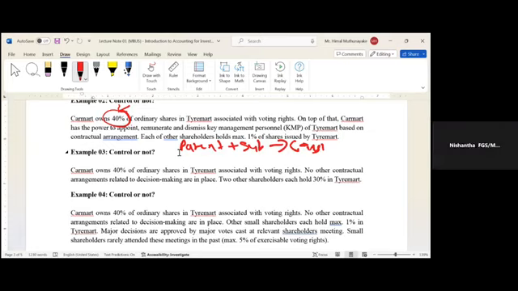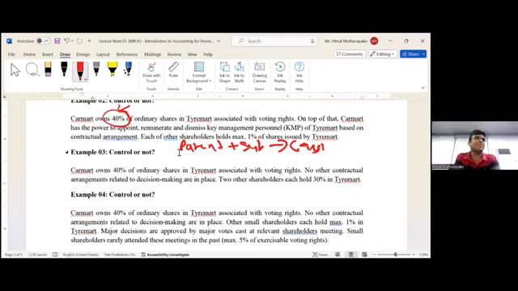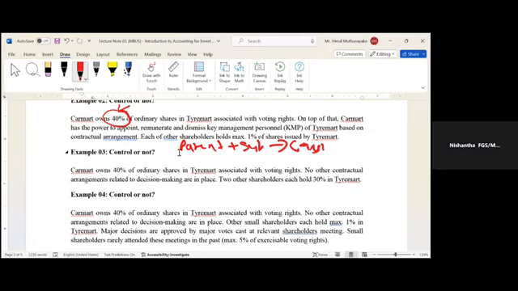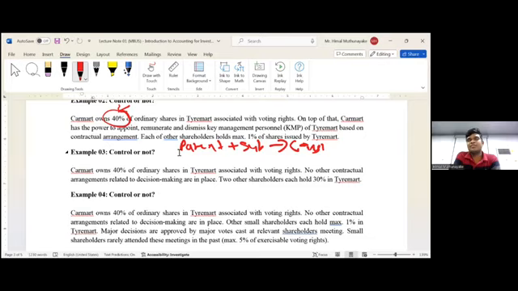No, sir. No. Why? So the next question will be why? Two other shareholders, each holding 30%, and also Carmart only has 40%. That means less than 50%, right?